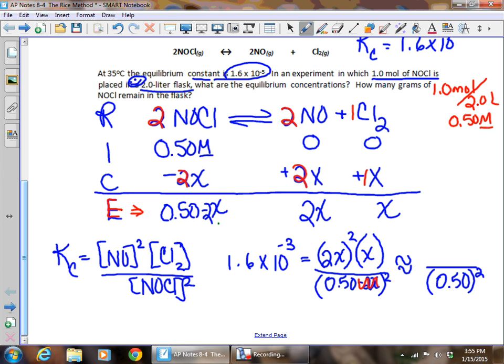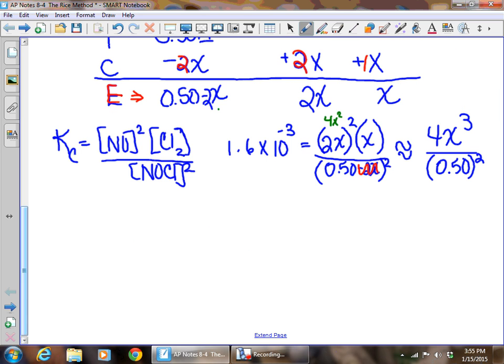So I'm going to go ahead and solve for this top part. We've got 2x squared, which is 4x squared. So this is 4x squared when you work out this term, times x means we've got 4x cubed on top. So this is what we've got to solve with. I'm going to extend this a little bit so that we can continue writing.